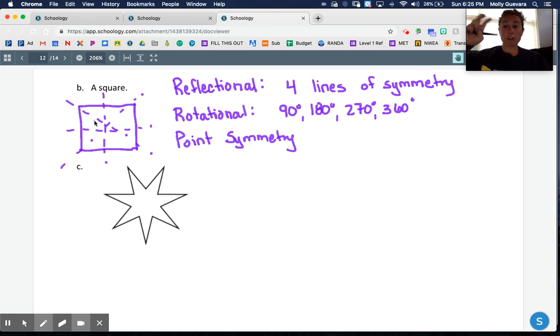I can rotate this 4 times and have it land upon itself before I get to the start. So I did 360 divided by 4, which got me the 90, 180, 270, 360. And since 180 is included in that, it does have point symmetry. The last one here is this star. So go through and see if you can find all the different types of symmetry in this star.